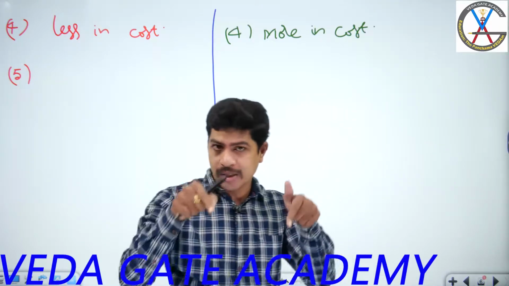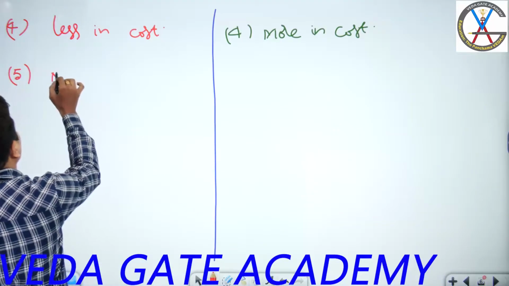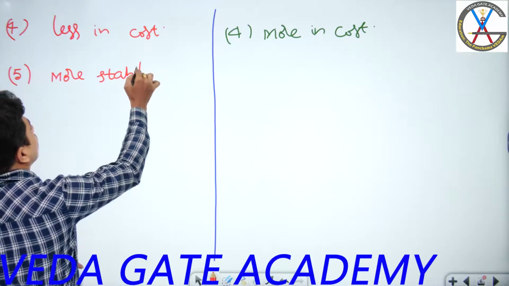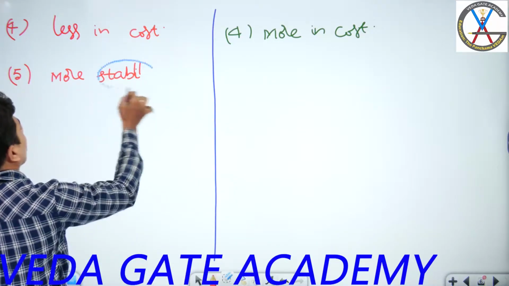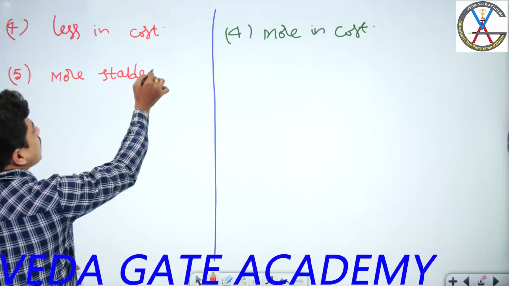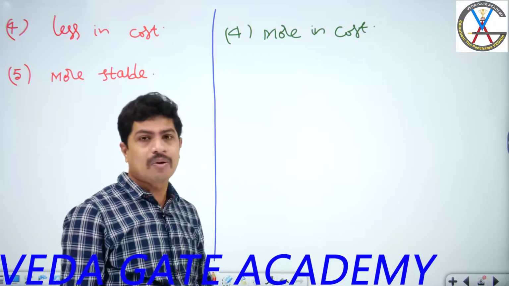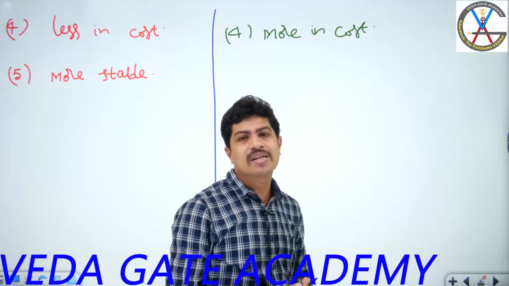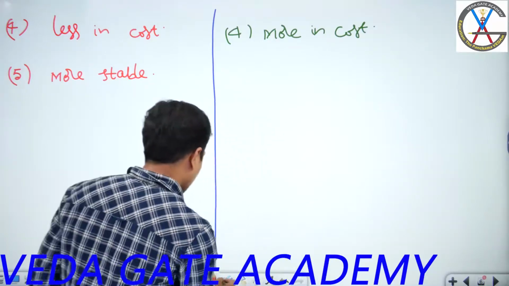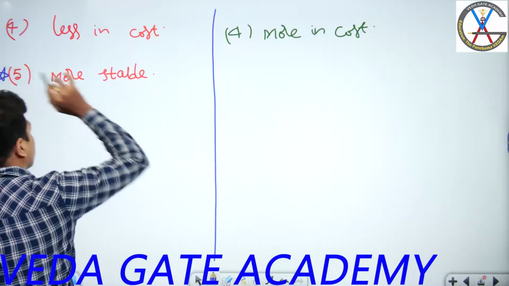By keeping that point in mind, here, more stable. What does it mean by stable system? We will understand in the fourth chapter, or in the third chapter itself, where we are going to give the introduction about stability. Explanation for this point will be given in later chapters. Okay, more stable.